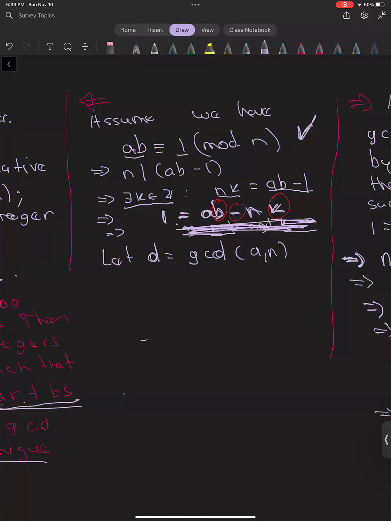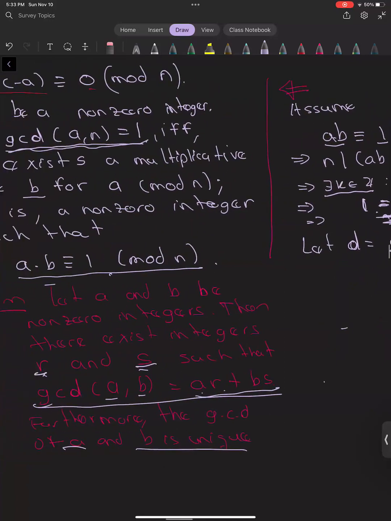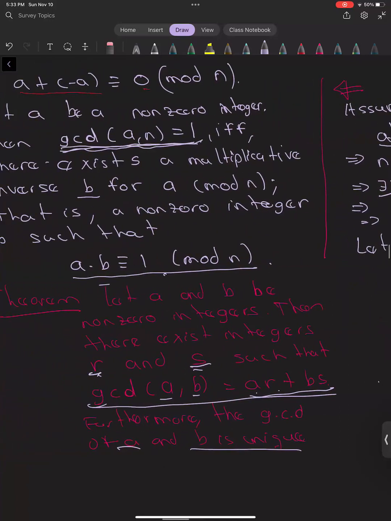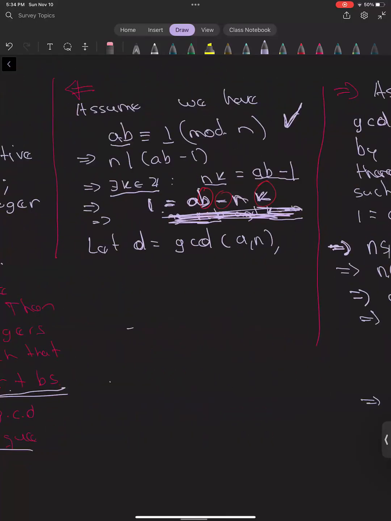That's what we want to show: the greatest common divisor of A and N equals 1. But from star, we see the following.